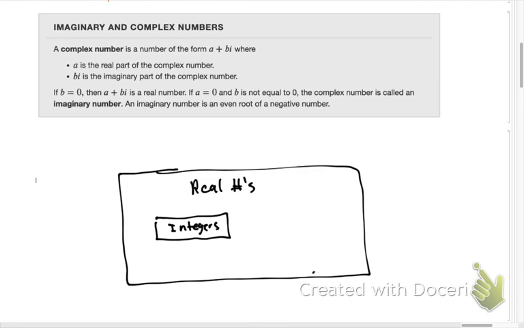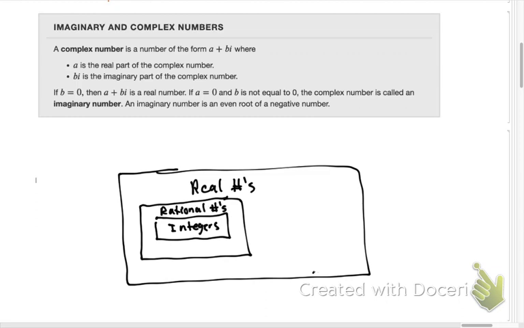Those would be your whole numbers, like -2, 3, 10, 100. So anything that's a whole number, whether it's positive or negative. A slightly larger set of numbers that contains the integers would be rational numbers.